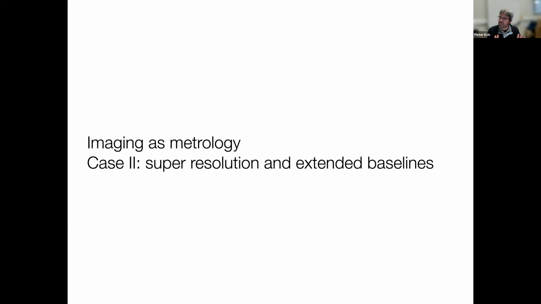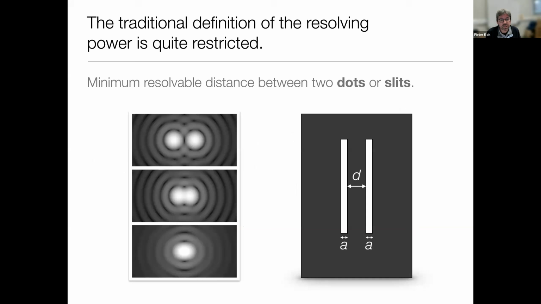And then, so that's basically lowering the noise, but we also want to get a better resolution. And one way to get a better resolution is to extend the baseline. So that's another topic. Traditionally, when we talk about resolving power, it's a very operational definition. Typically something like, what is the minimum resolvable distance between two dots or slits?